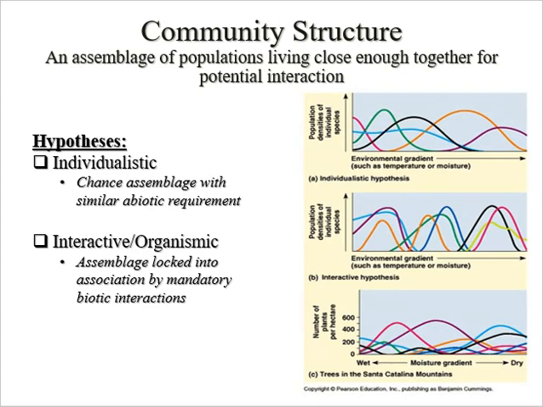This concept of the community being an organism was based on the belief that species belonging to a community were closely associated with one another, and they were also restricted to the confines of that particular community.